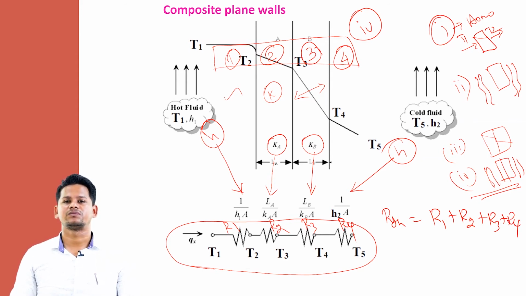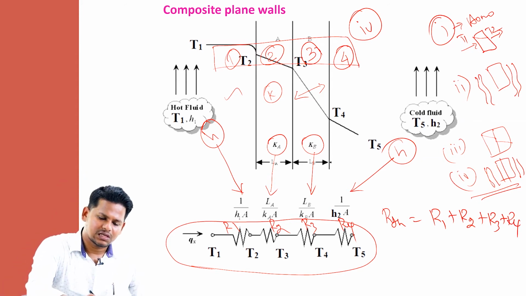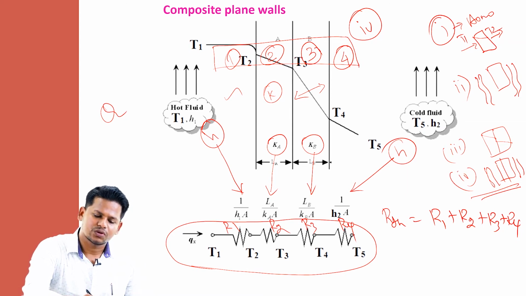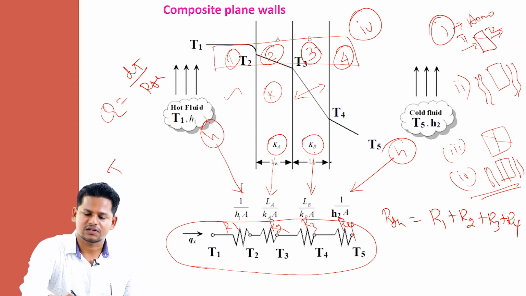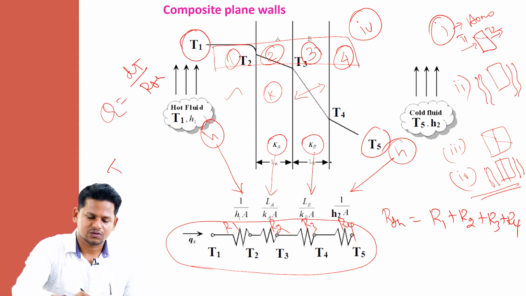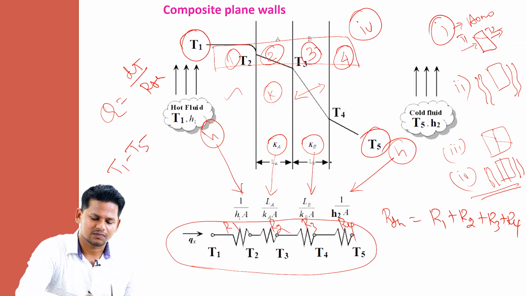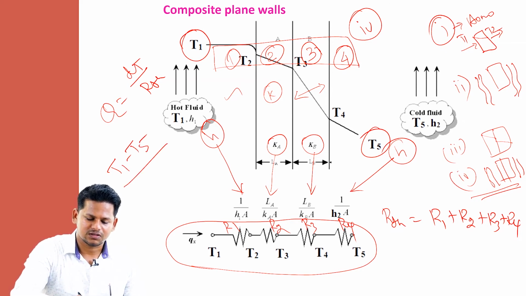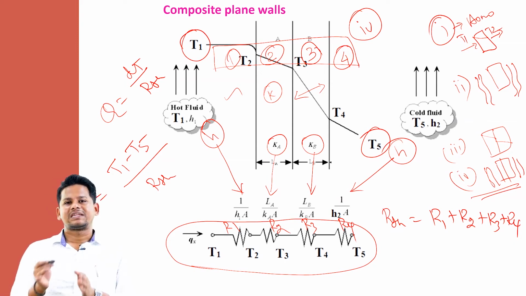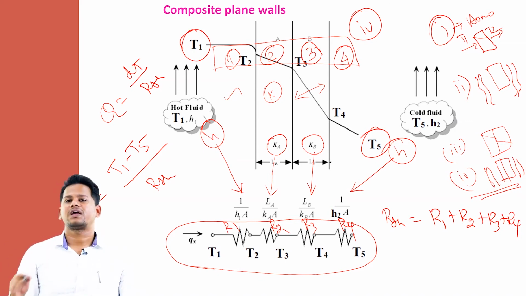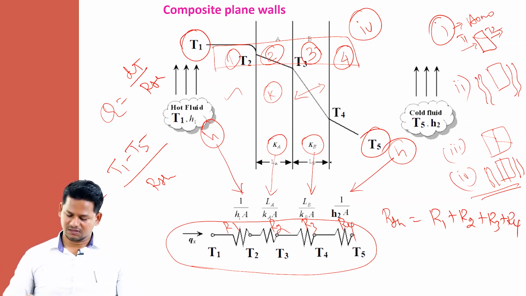Now we can easily calculate Q. Q is nothing but dT by RTH, where dT is the overall temperature difference, T1 minus T5, divided by RTH. So easily we can get the one-dimensional steady-state heat transfer across composite plane walls with convection and conduction. This is the 4th case study.